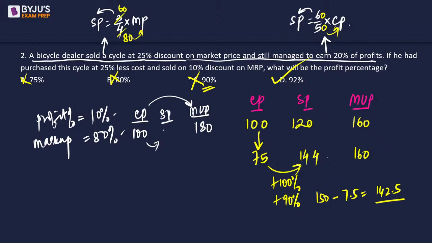So selling price is going to give us 110. Right? So if I have profit and markup, they both will make sense.